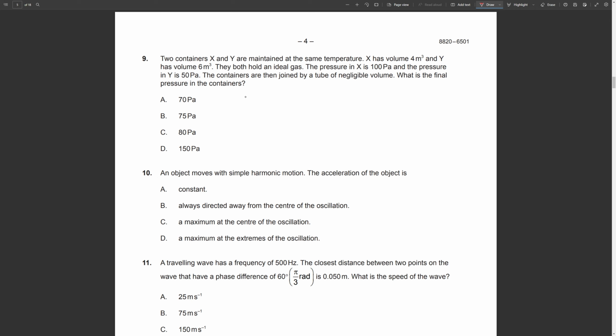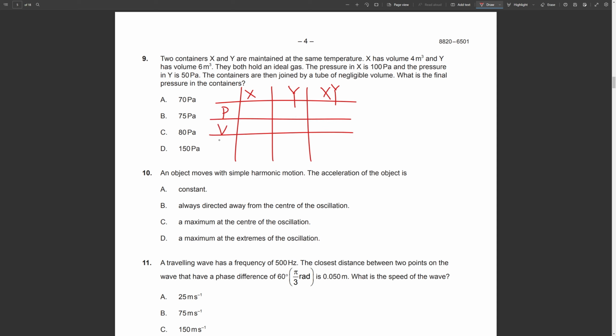Let's start with drawing a table denoting container X, container Y, and when they are combined, container XY. In this table, we are going to study all the features of an ideal gas, which includes the pressure, the volume, the number of moles, and the temperature in Kelvin.